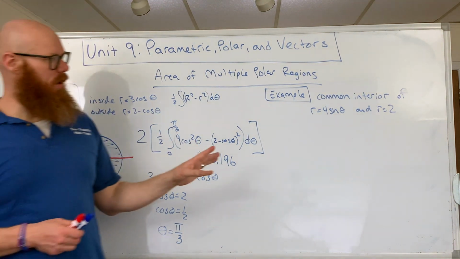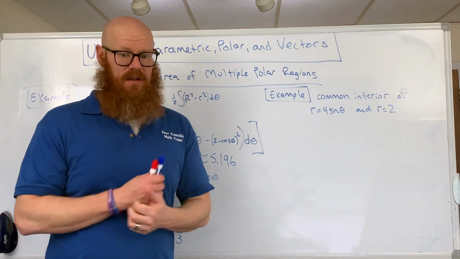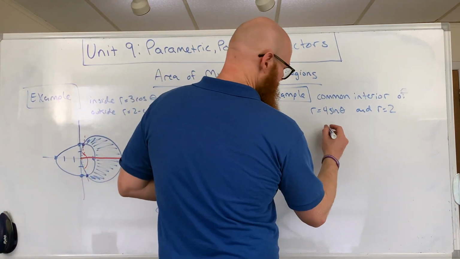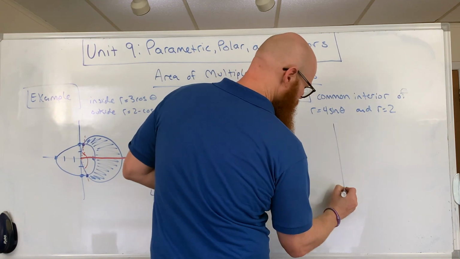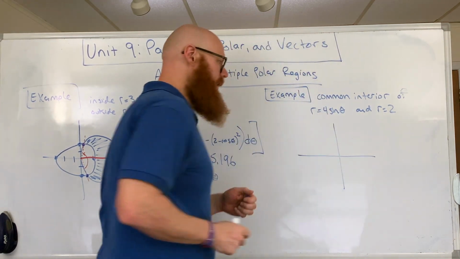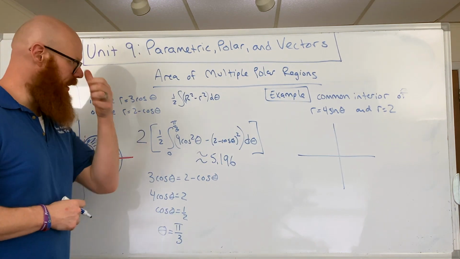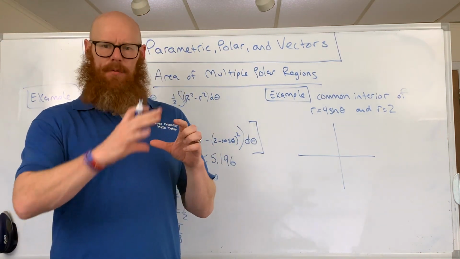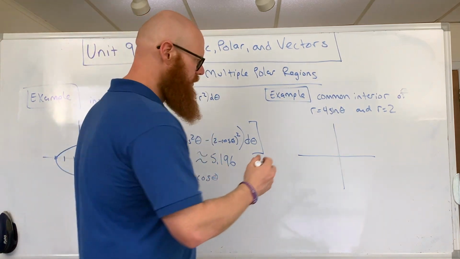Now let's look at one where it's common interior. This one gets a little bit more confusing. So let's take a look at the graph first. 4 sine theta is just like 3 cosine theta. It's a circle with diameter 4. But since it's sine theta, its diameter is along the positive y-axis.